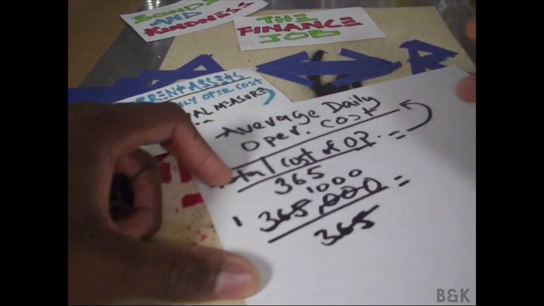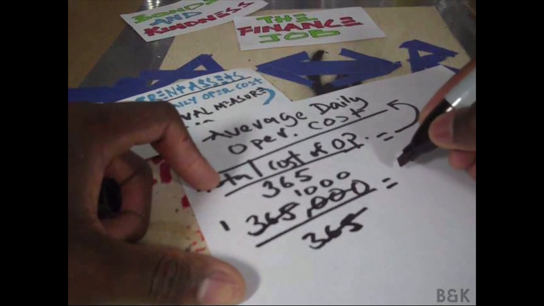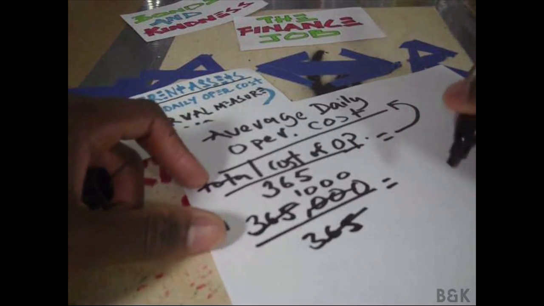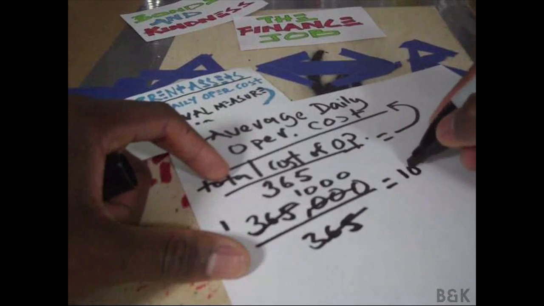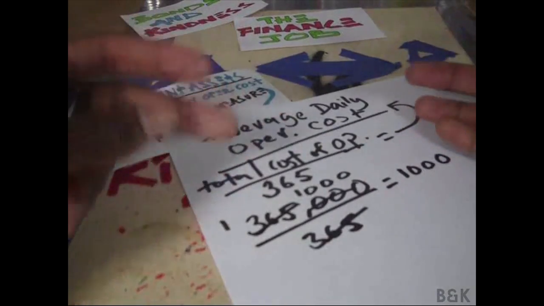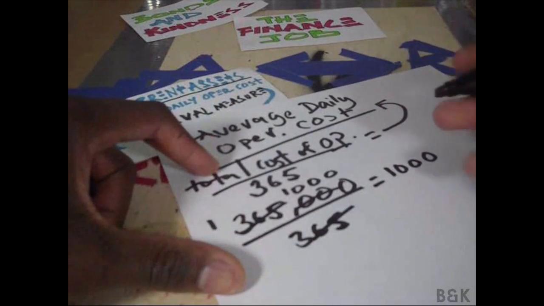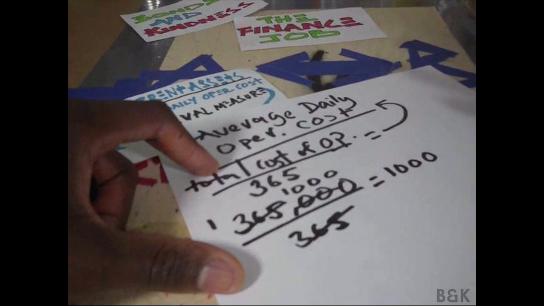I like to take out the zeros just to let myself know that I've already taken into account the math. You don't have to do that. That's just the way I like to do my own weird math every now and then, not always. So we would say that per day, it's costing us $1,000 in expenses. That's all this means. That's our average daily operating cost. It costs us $1,000 every day to run the show.